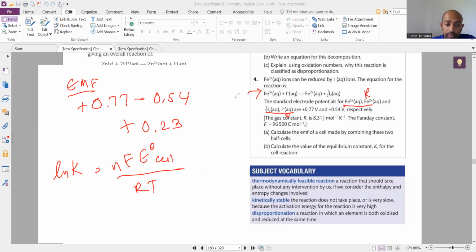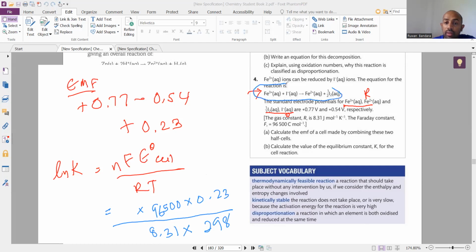What is N here? F is 96,500. We already calculated the E naught cell value, 0.23. And R is 8.31. And T is, if T is not given, you have to consider it as 298. Niola, how many electrons in this reaction? Very easy.